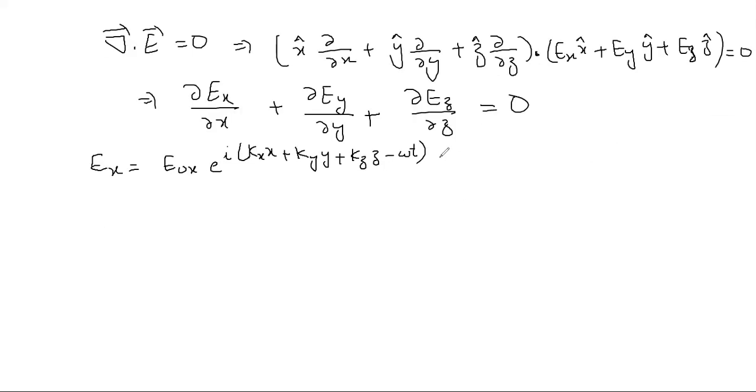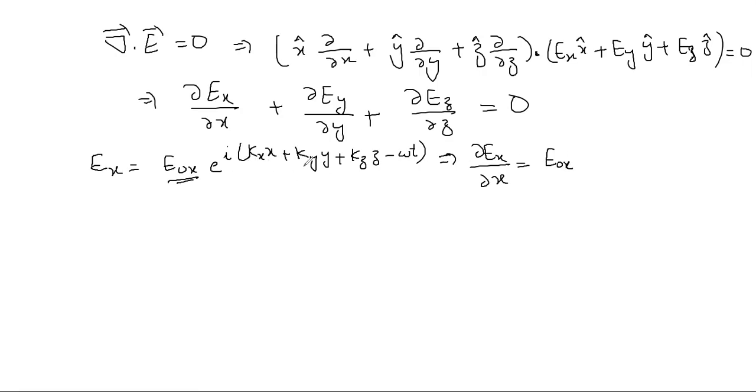If I take its derivative with respect to x, E0x is basically your amplitude along the x-axis, which is constant. So this is as it is.